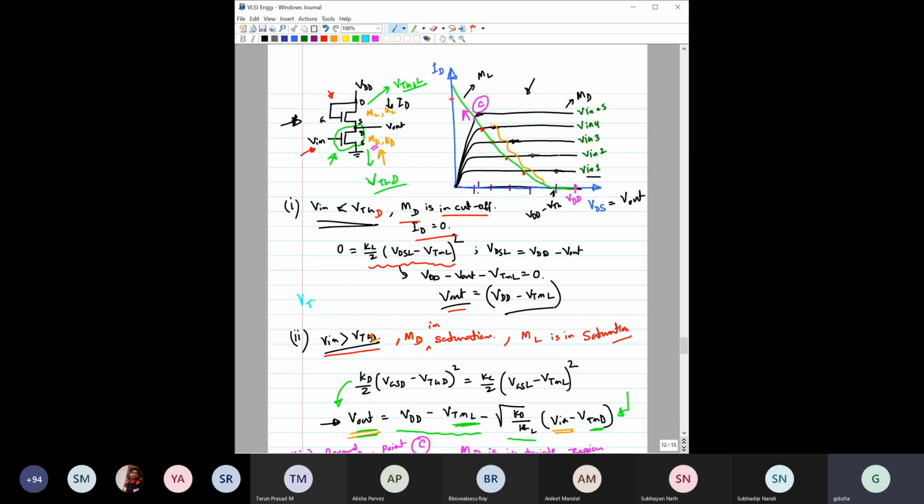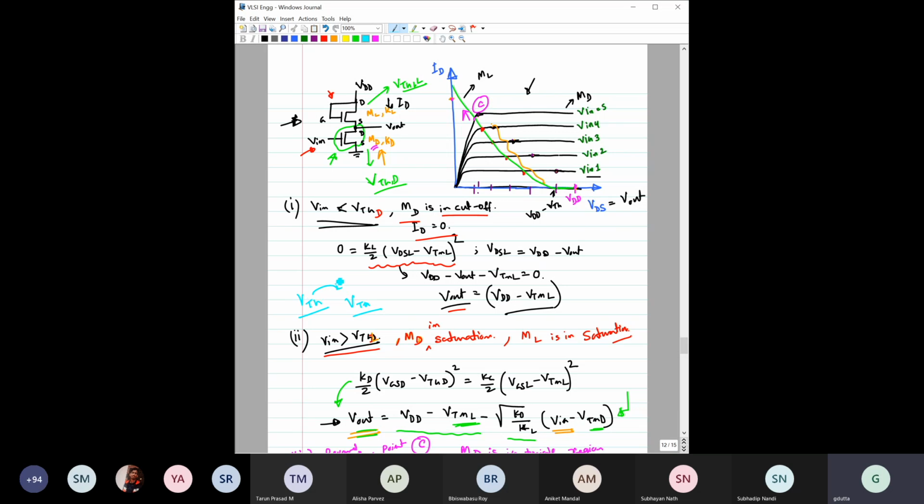See, I am writing this VTH. Sometimes this T and this H look like VTN, and in your book also it is written as VTN. But I have an inherent tendency, from a semiconductor device point of view, to always write threshold voltage as VTH. So I might be switching between these two.